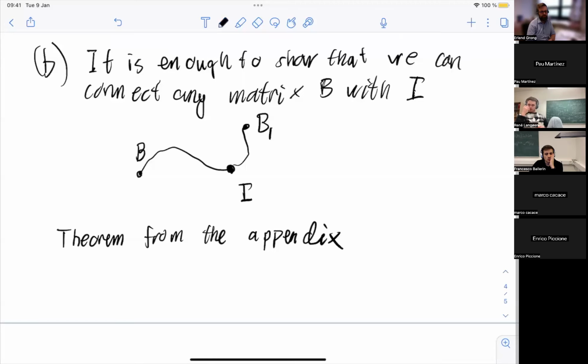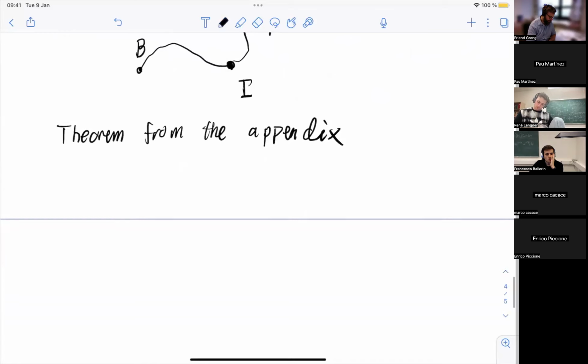Last time we talked about the fact that any matrix can be approximated by a diagonal matrix, but in general, matrices are not diagonal, but they can be written in the following way. So we can always write B as C (D plus N) C inverse.